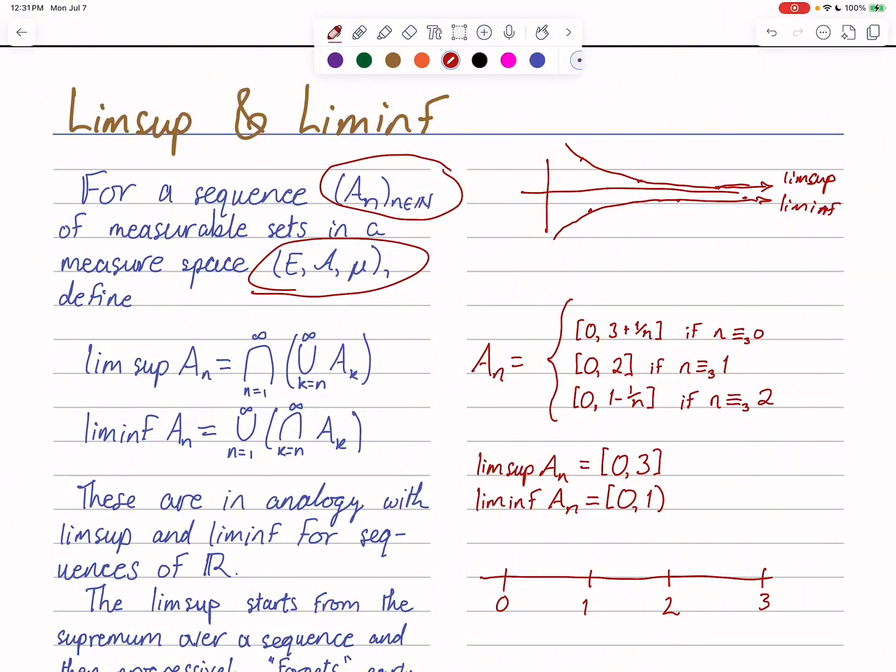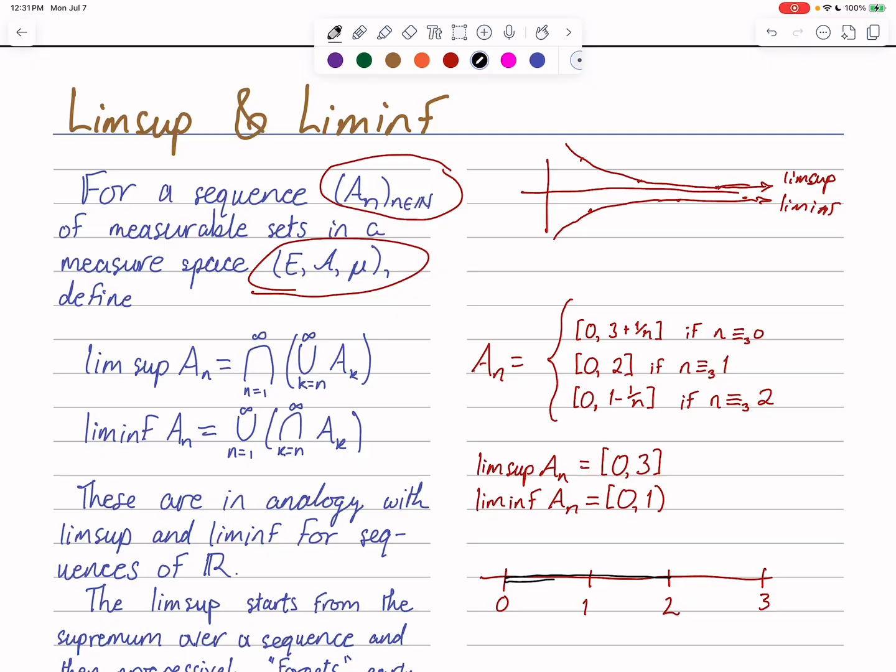And here, if you think about what we've been talking about, we've got this sequence of sets, which initially is 0 to 2, then 0 to 1 minus 1 over n, which I'm going to try to diagram as looking a little bit like that. That's when n is equal to 2, so like that, close enough.